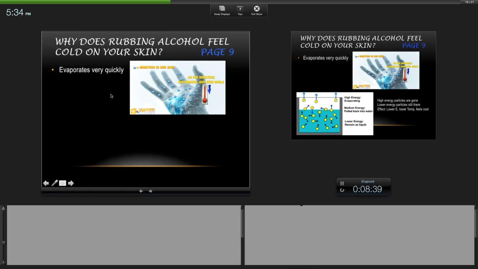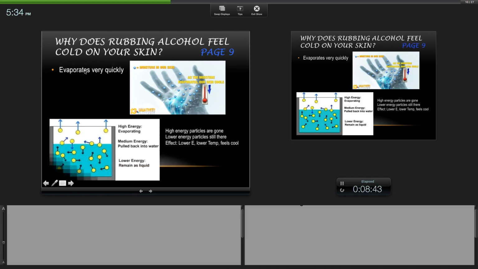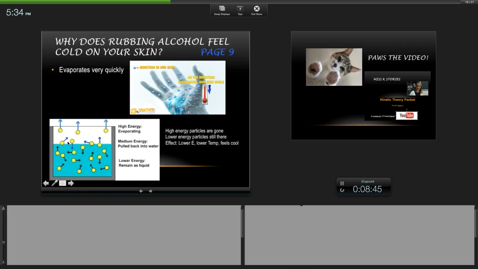So just to make sure we understand why evaporating makes you feel cold, here's the idea. Imagine that this is what was happening on your skin. Here's that liquid, whatever it is, like rubbing alcohol or fingernail polish remover or something that evaporates quickly. These particles have energy. The energy from your body heats up that layer of liquid on your body, whether it's sweat or rubbing alcohol or something like that.